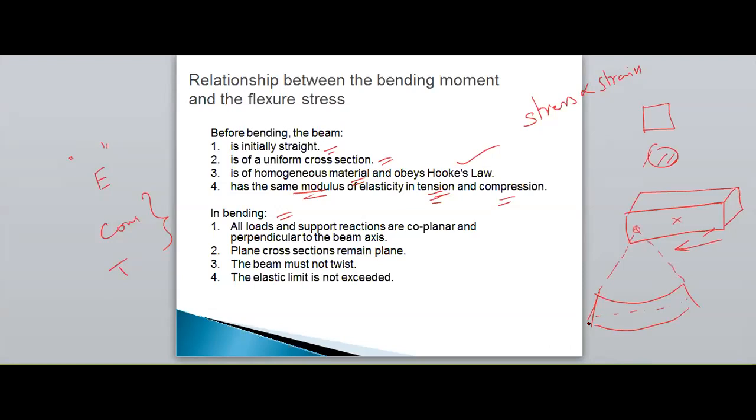While extending these cross sections, they will meet at a point O. After bending, I am assuming it is a perfect circular bending in the beam.